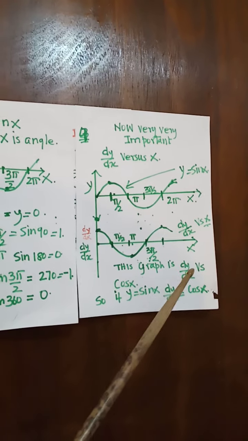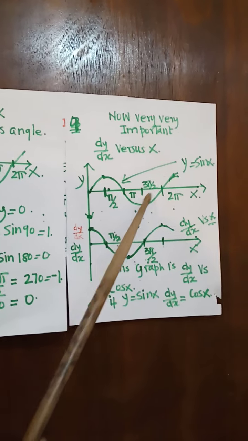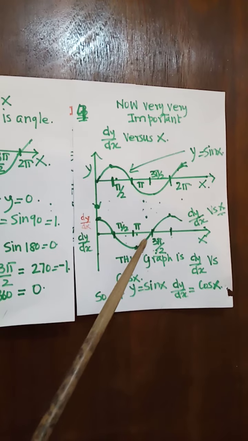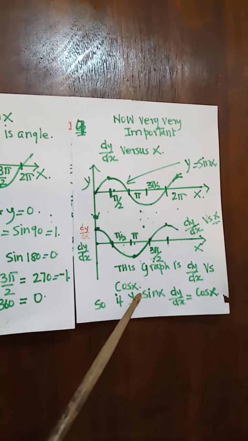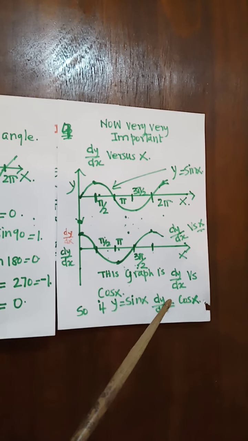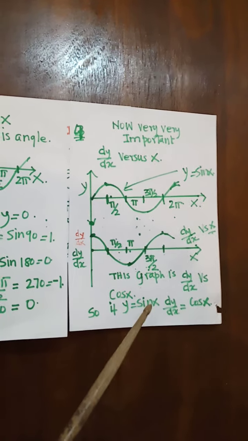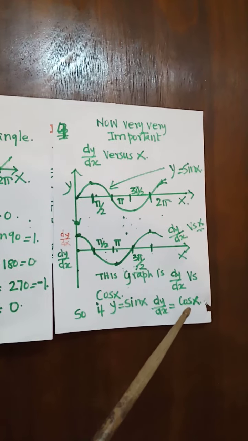So the graph of dy/dx of sine is nothing but the cosine. So when y is sine x, dy/dx is nothing but cos x. So we'll end here. Remember, y equals sine x, dy/dx equals cos x.